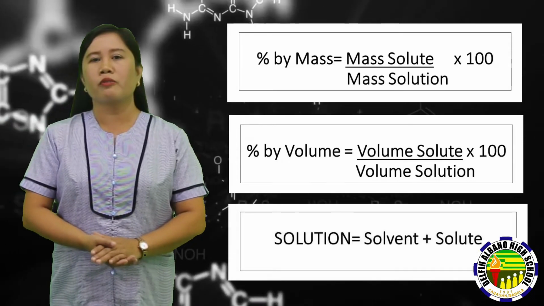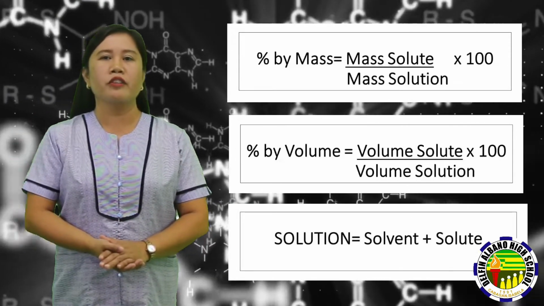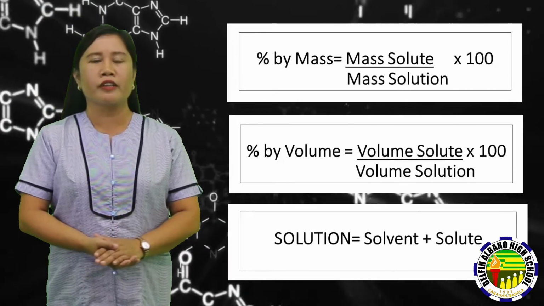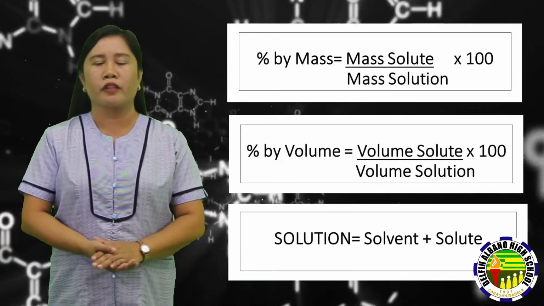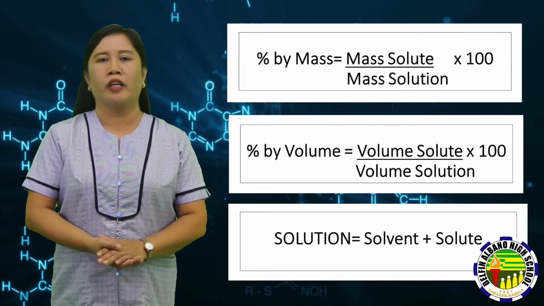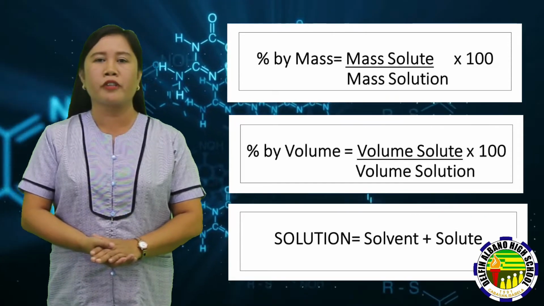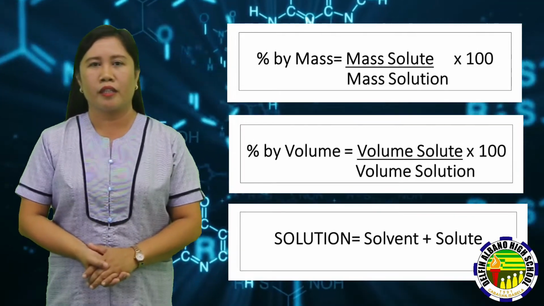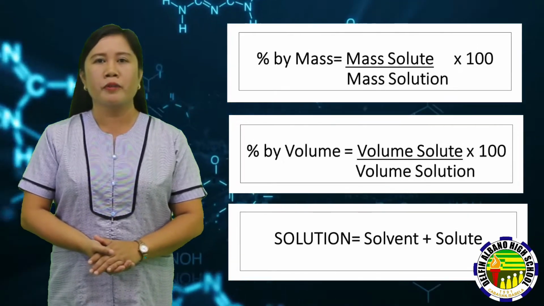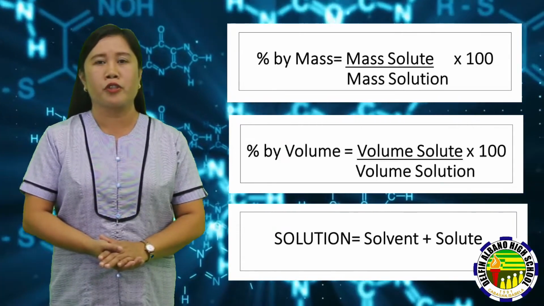If the unknown is mass of solute, you can use the equation mass of solution times mass percent divided by 100%. And if the mass of solution is the unknown, you can use the equation mass of solute divided by mass percent times 100. Percent by volume is the amount of solute in a given volume of solution.